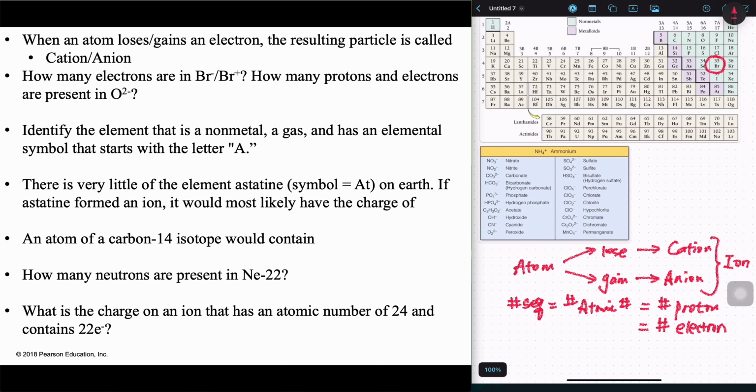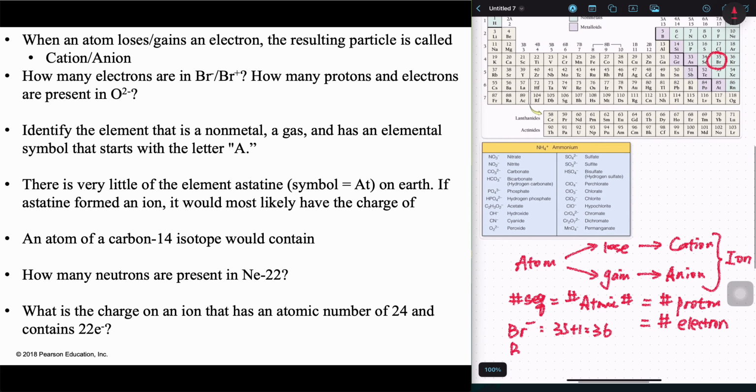But for bromine minus, since it is an anion, it means it gained more electrons. So for bromine minus, it will be 35 plus 1, which is 36 electrons. But for bromine plus, it will be 35 minus 1, which is 34.